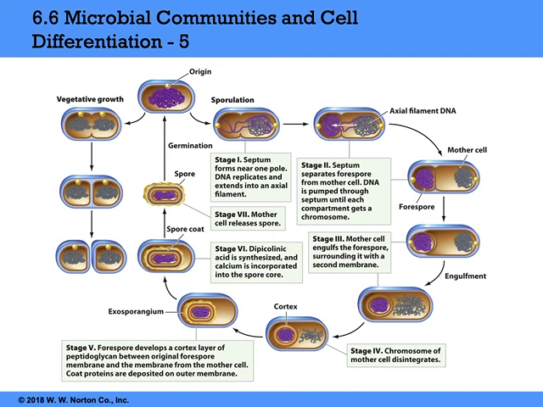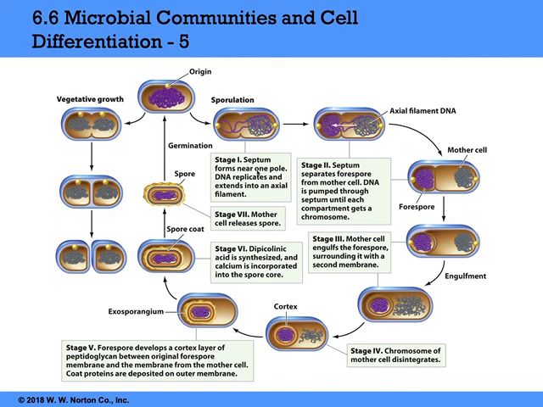So that's the prokaryotic version of mitosis. But when we're doing sporulation, nutrient conditions, water availability, or other environmental factors are not optimal, and so we have to go into basically dormancy.